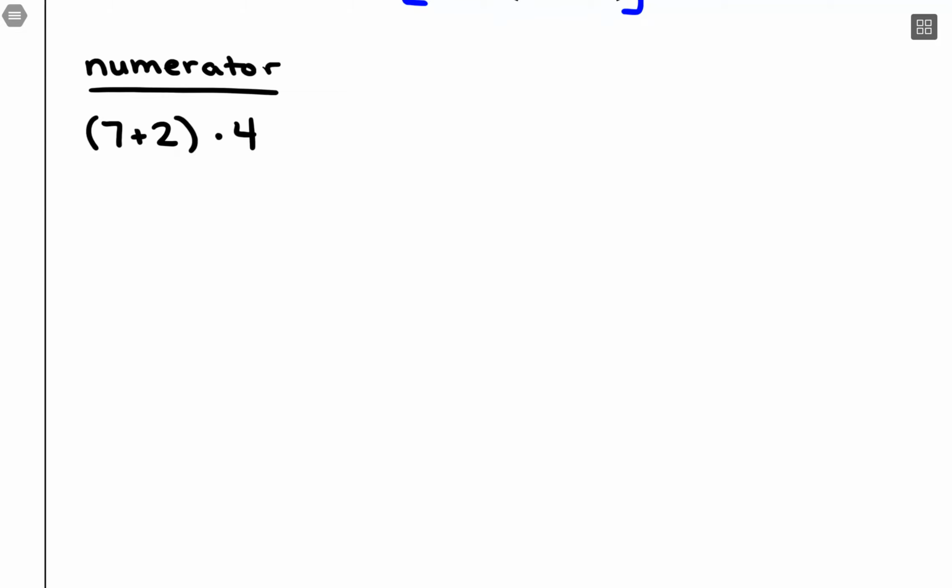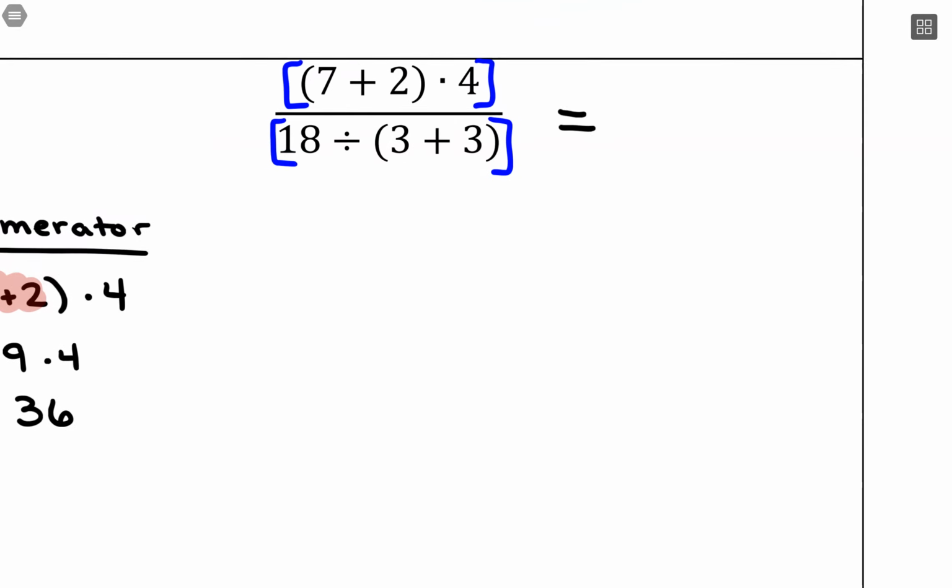And using our order of operations, we have parentheses. So that's 7 plus 2, which is 9. And then times 4, which is 36. So my numerator is going to simplify to a value of 36. And then we're going to be dividing by whatever we get down there.